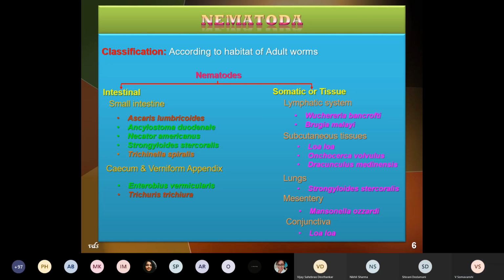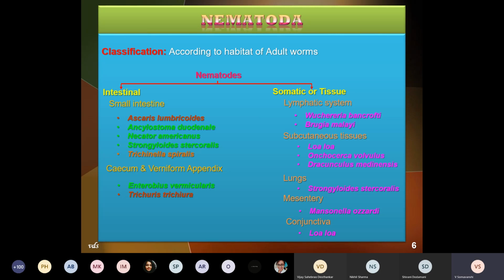Actually, this is the parasite which resides in the intestine as adult worms. But this is a parasite which forms a bridge between intestinal nematode and tissue nematode, because this has an intestinal phase as well as a tissue phase. And in this lecture, we are going to study at the end Trichinella spiralis, one of the members.